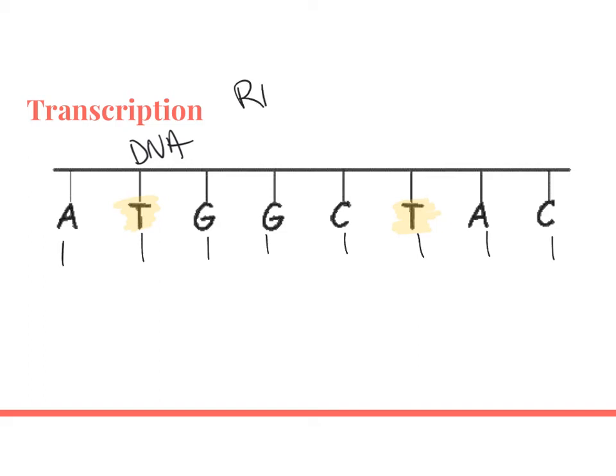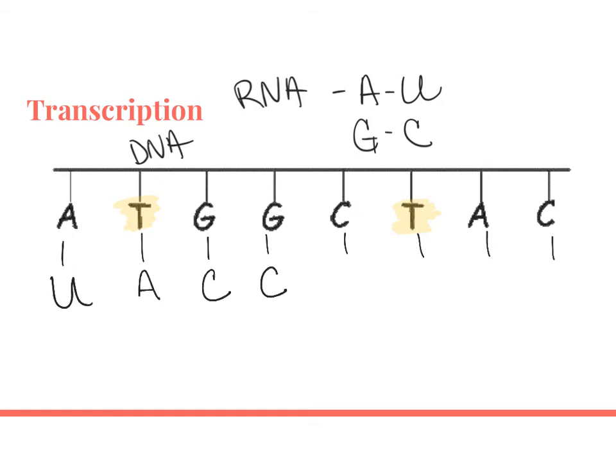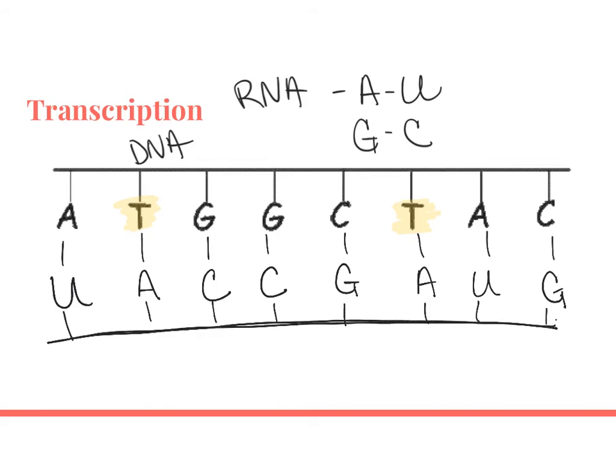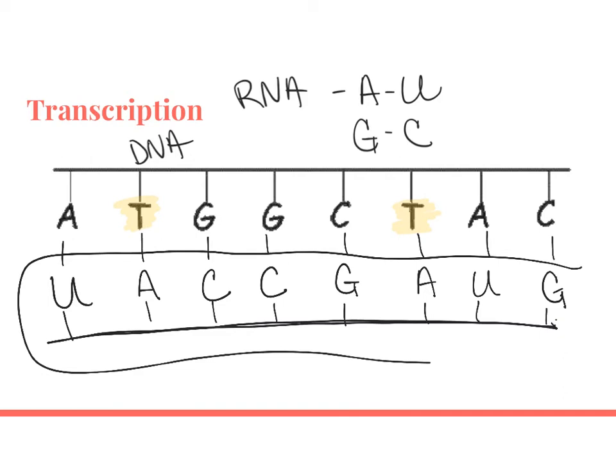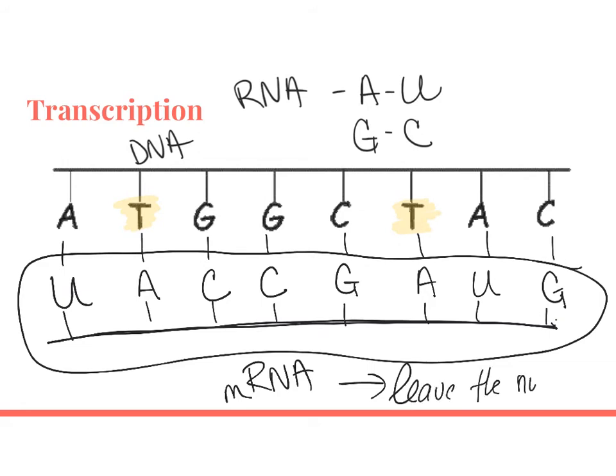So with RNA, remember, A goes to U and G still goes to C. So A goes to U, T is still A, G, C, G, C, G, A, U, G. So now what we're going to see is this little single strand of RNA right here, that's mRNA, now it's going to leave the nucleus.